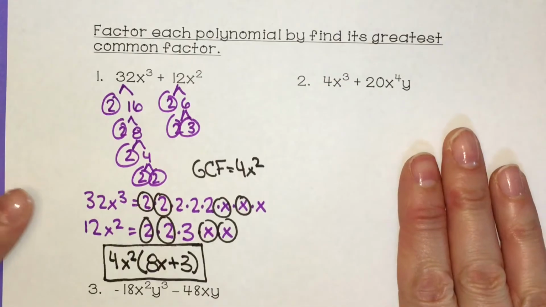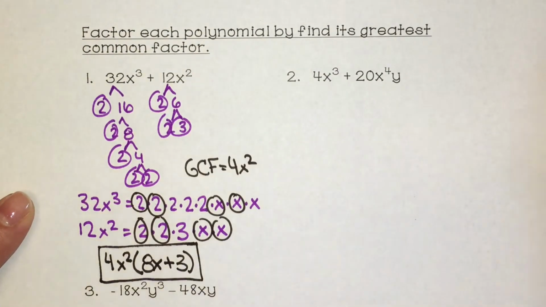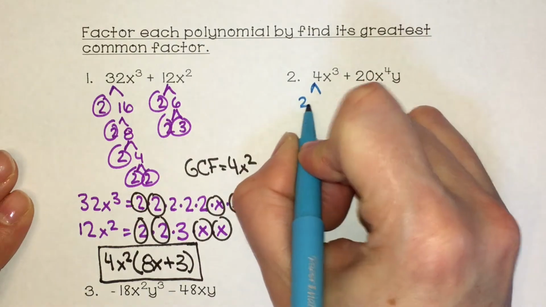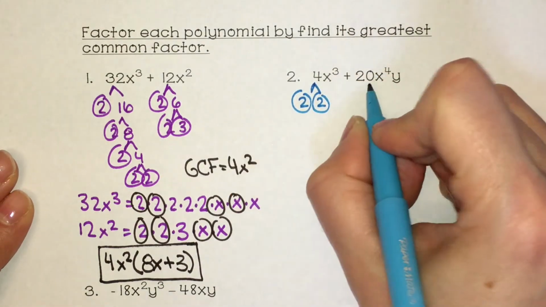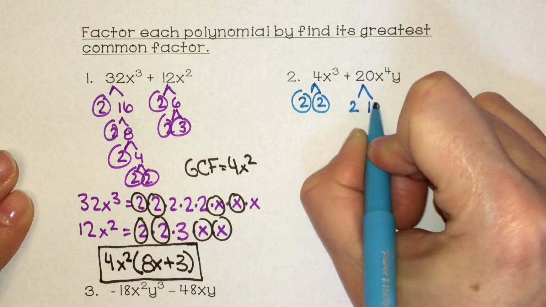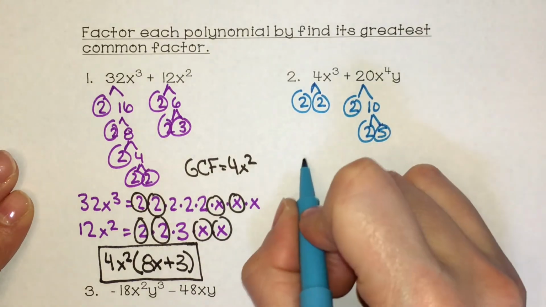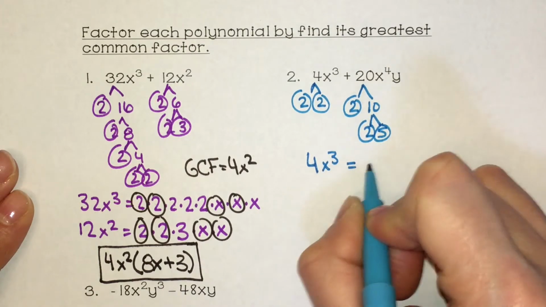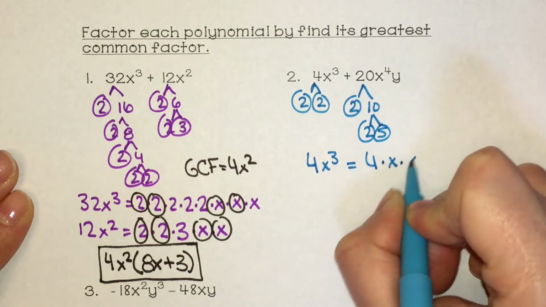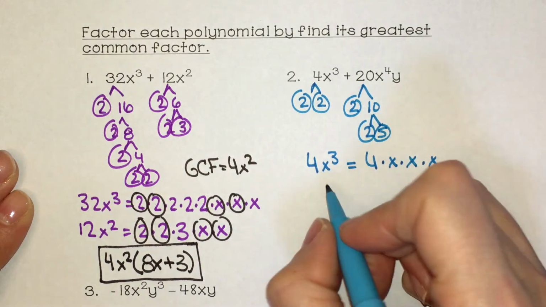All right, the next one. 4 breaks down to 2 times 2. 20 gives me 2 times 10. 10 is 2 times 5. So 4x cubed is 4 times x times x times x.